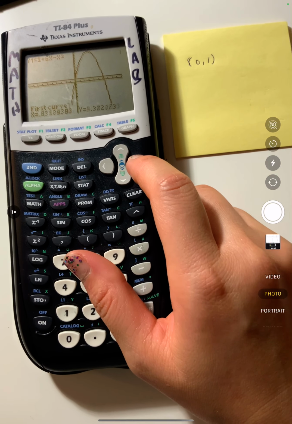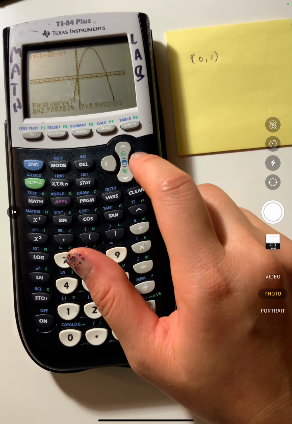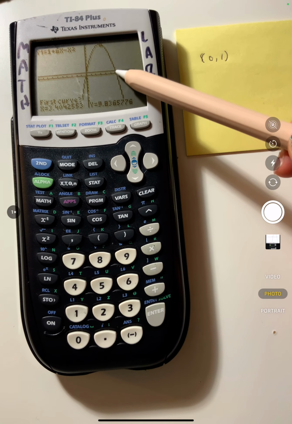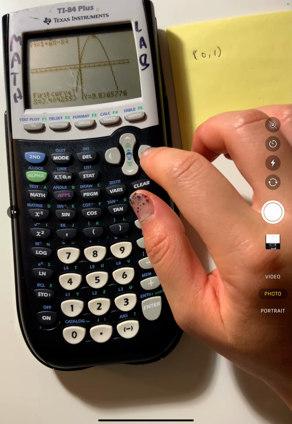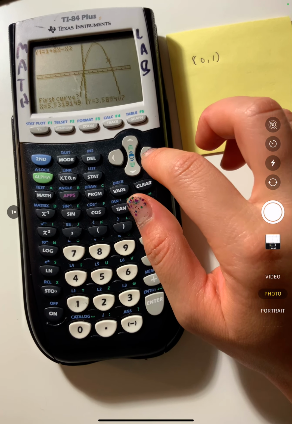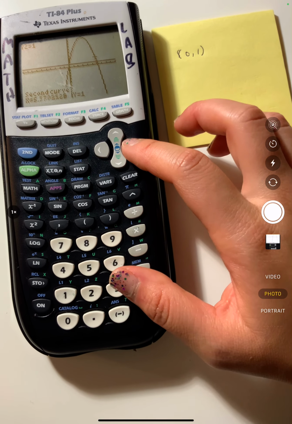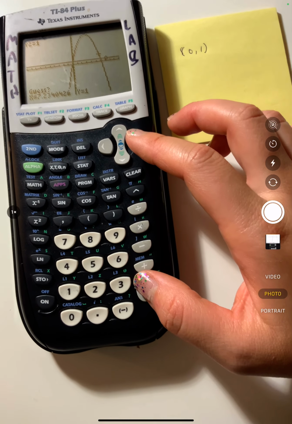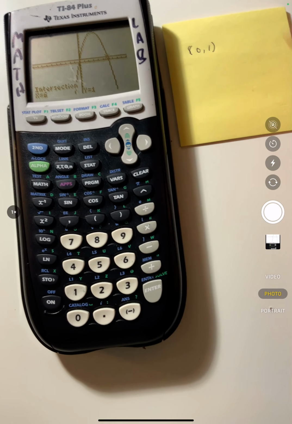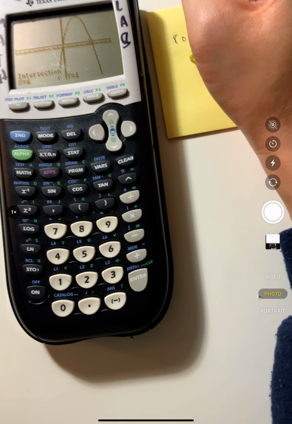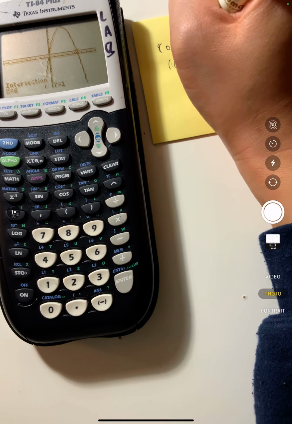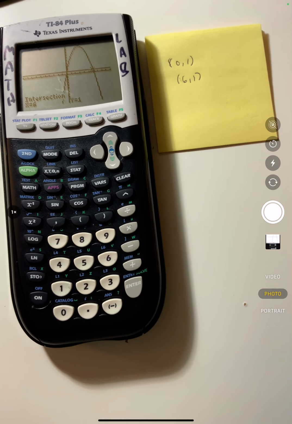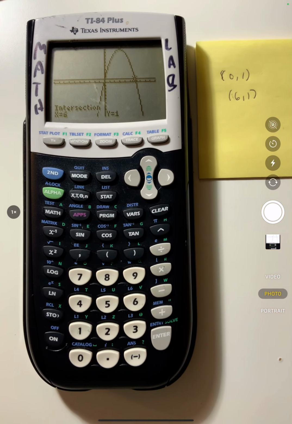This time you want to move the cursor close to this point right over here, because there are two intersection points. Hit enter. Same thing here, you want to go close to this, enter it. And the other intersection point is (6, 1). Okay, I'm going to go back.